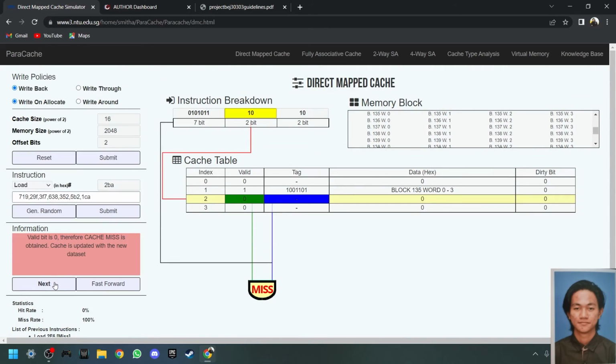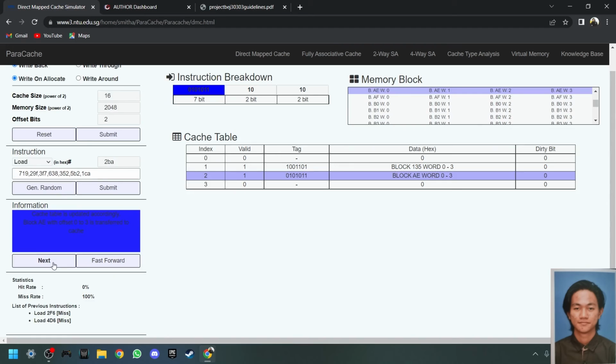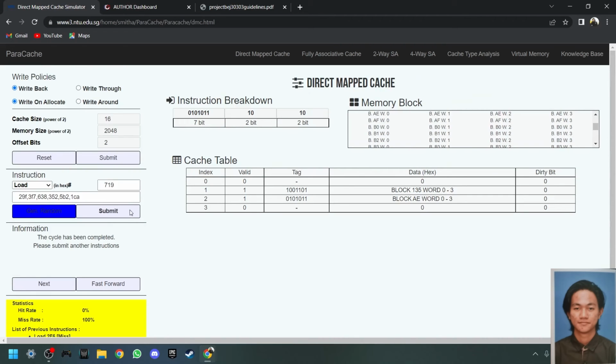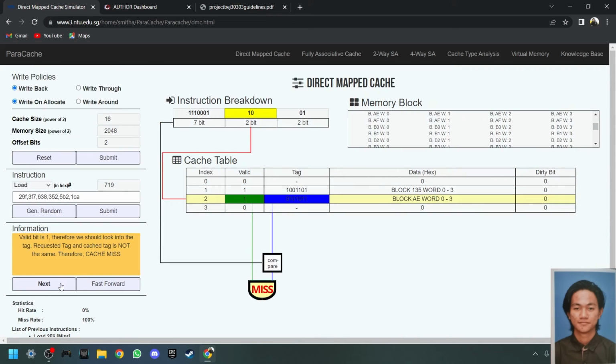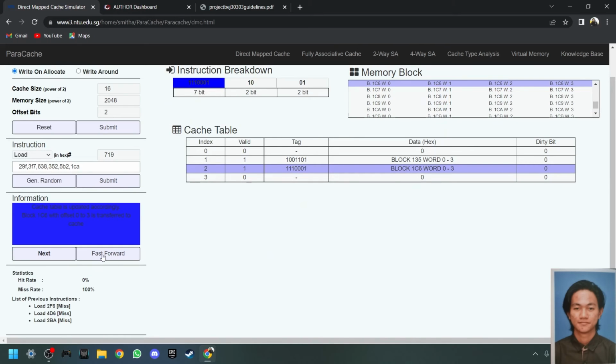And then miss because there is nothing there, it will be stored there. Next, it is not the same, we will have a cache miss. And next, the new one will be stored.